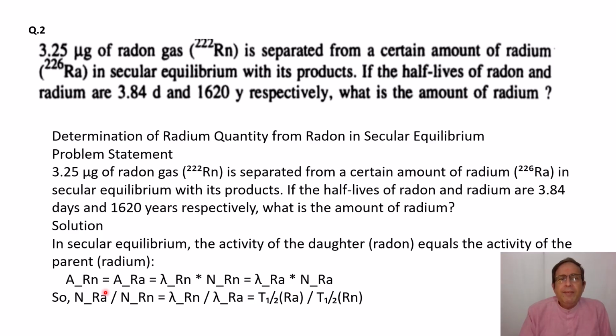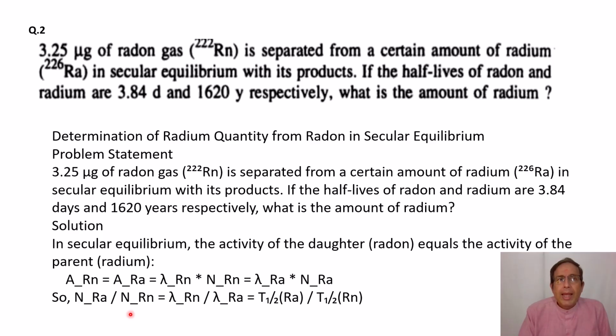Similarly, the activity of radium is the decay constant of radium times the number of nuclei of radium. So N_Ra over N_Rn is equal to lambda_Rn over lambda_Ra, which is equal to the half-life of Ra divided by the half-life of Rn. Now, of course, you know the half-lives, 3.84 days and 1620 years, so just substitute them here and you can get the ratio of N_Ra over N_Rn.